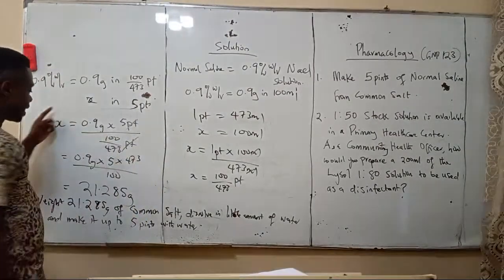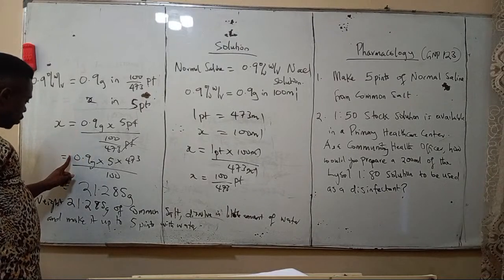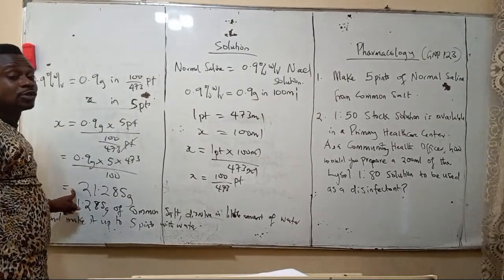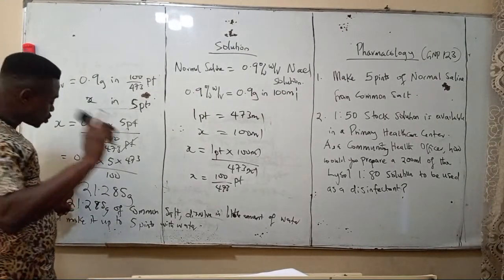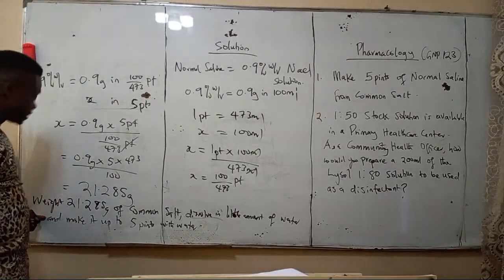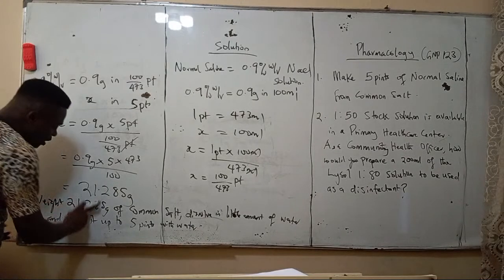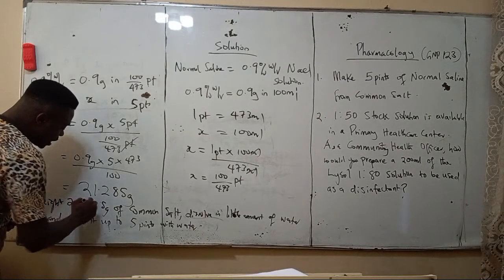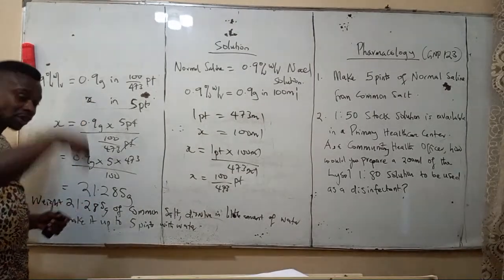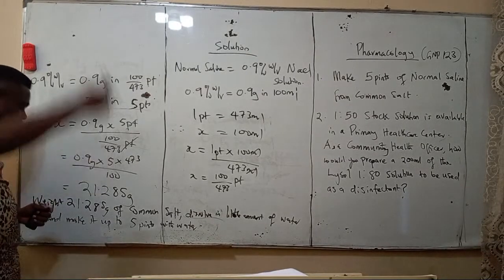We multiply and arrive at the same answer, which is 21.285 grams of sodium chloride or common salt. So I now wrote down how you can prepare it. Simply weigh 21.285 grams of common salt, dissolve in a little amount of water and make it up to what?